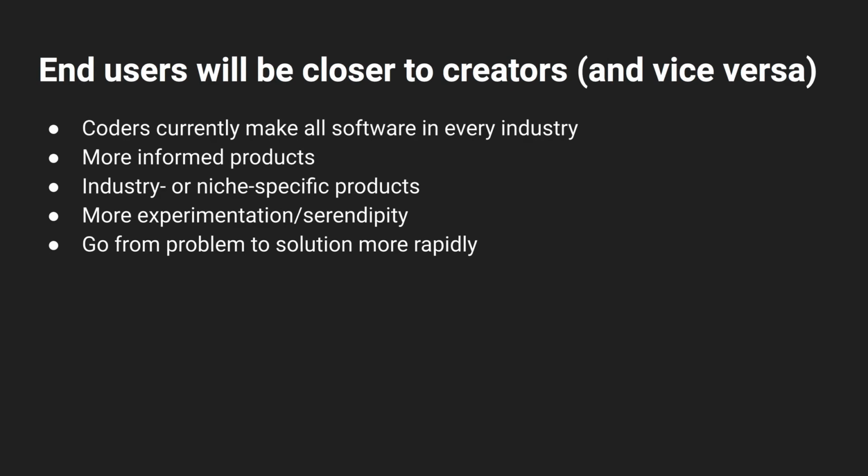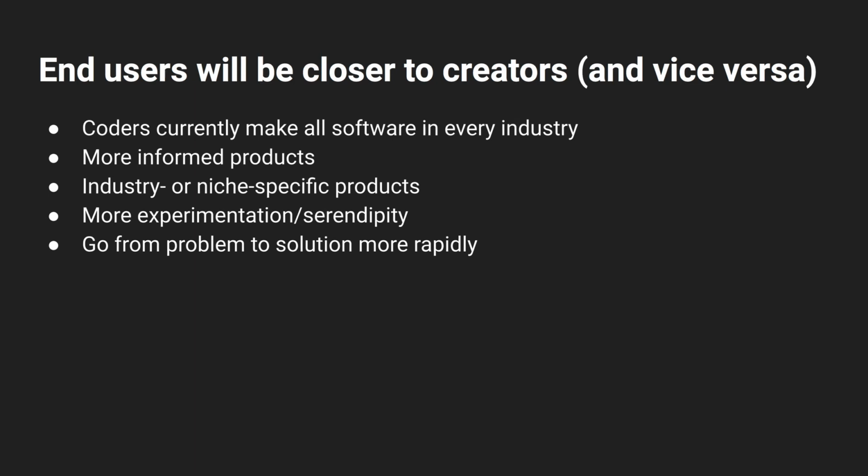And then another really cool benefit that I think is really exciting to think about is how the end users of software will be much closer to the creators of software. So right now, coders make all software in every industry for everything. So somebody has an idea, they have to translate that through a coder to get it done.